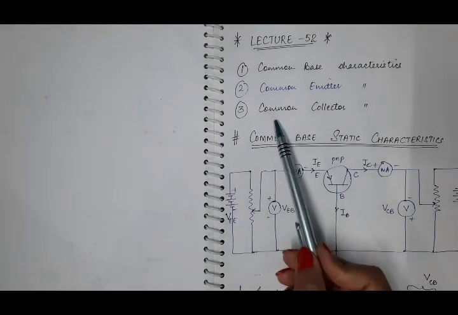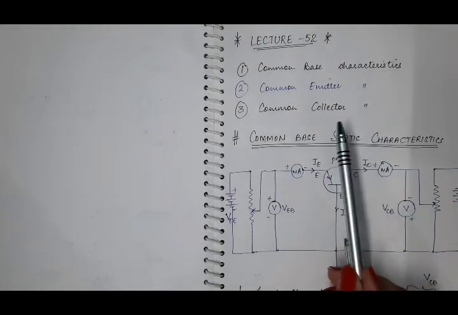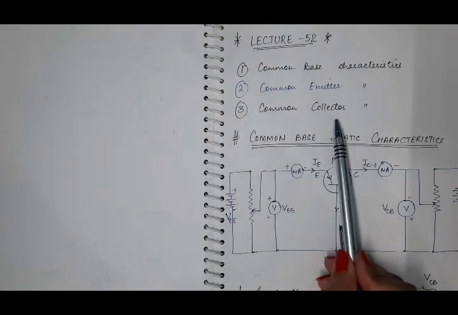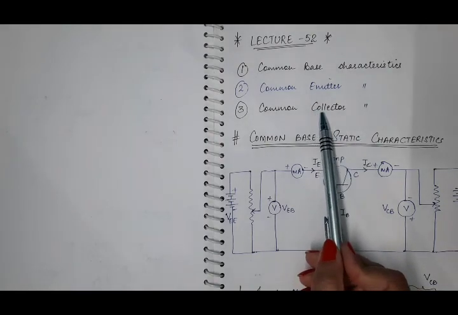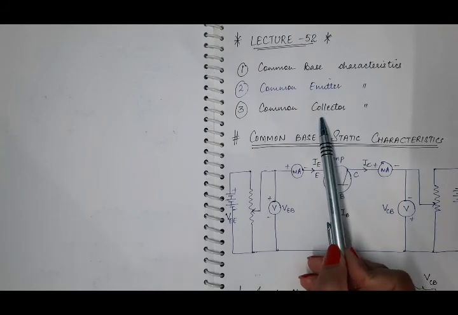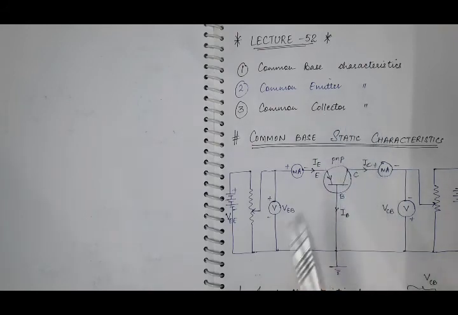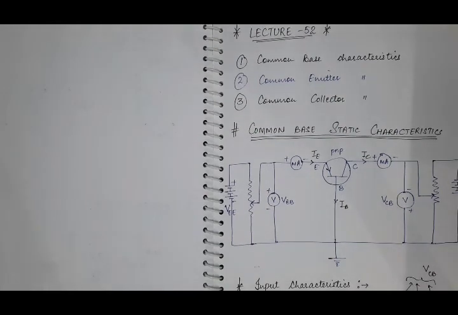Similarly, in case of common collector characteristics, as collector is common between the input junction and output junction, there will be two junctions, collector base junction and collector emitter junction. So first we will study common base characteristics, one of the most important articles of this chapter.